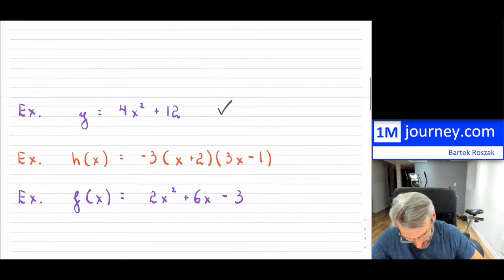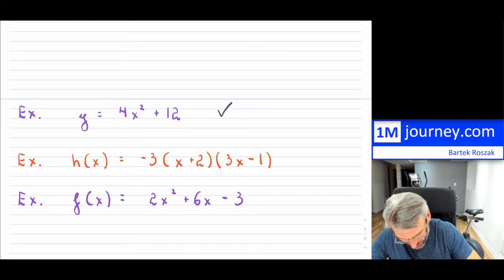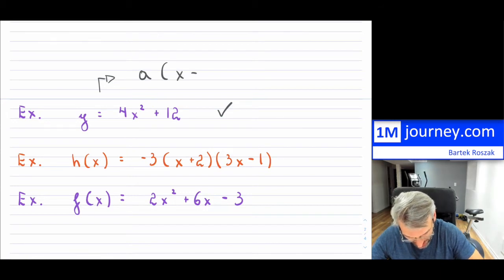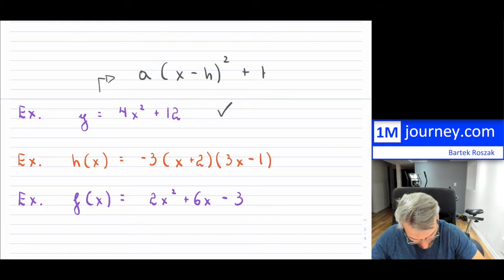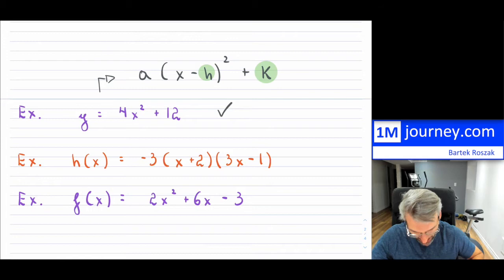If you take this example and break it down, this is basically in the form that we love to see, and that is the vertex form, which looks like this, where this is your vertex right here, h and k. Now, why is this in this form?